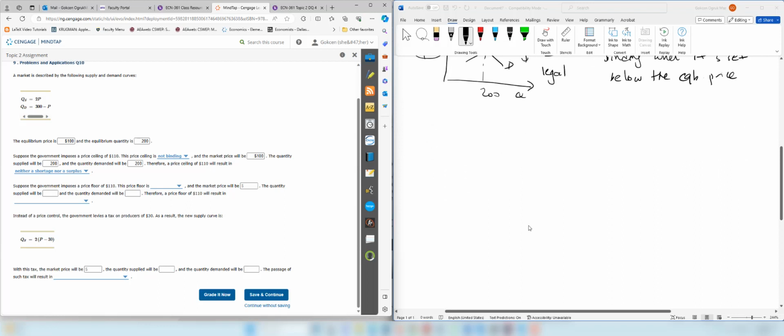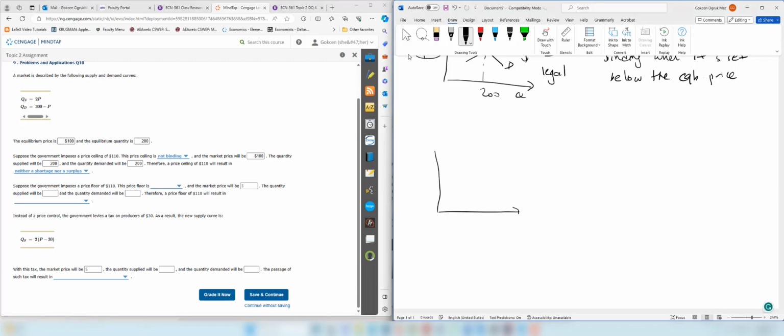Suppose the government imposes a price floor of 100. So let's draw it and try to understand. P and Q, this is supply, this is demand, and they intersect at $100. And here 200. Now this is a price floor different than the previous one. So this is the minimum price. Okay, so you can go up until here, but here it's not a legal price.